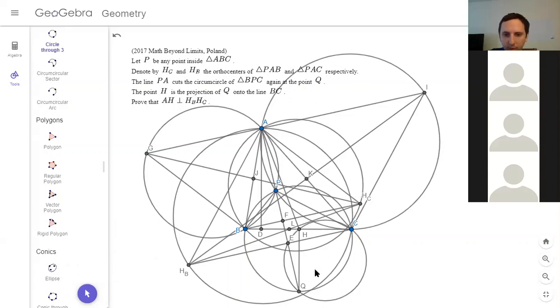And yeah, we want to show that, maybe we could somehow show that AQ over QH is HBC over CL.